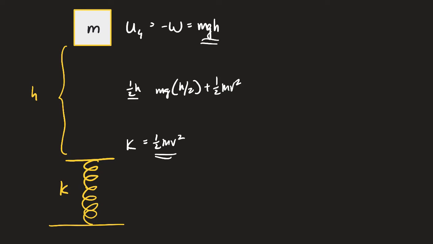If there's nothing to take energy out of the system, then all of these amounts of energy would have to be equal. Because what the law actually states is that mechanical energy is conserved unless an external force does work on the system. I'll say it again. Mechanical energy is conserved unless an external force does work on the system.